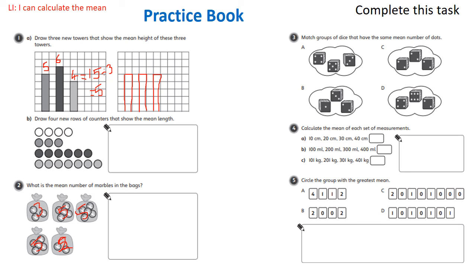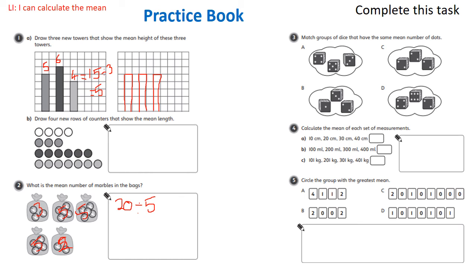So we've got 20 in total. How many bags are there? So the dividend is 20. The divisor is 5 because there are 5 bags. Therefore, the mean is 20 divided by 5, which equals, I'll let you work that one out.